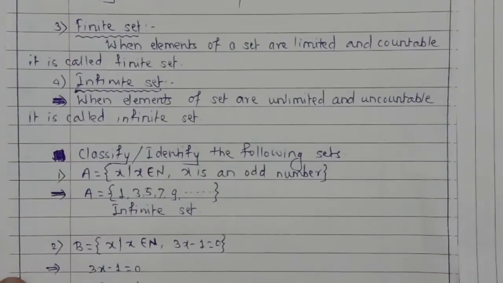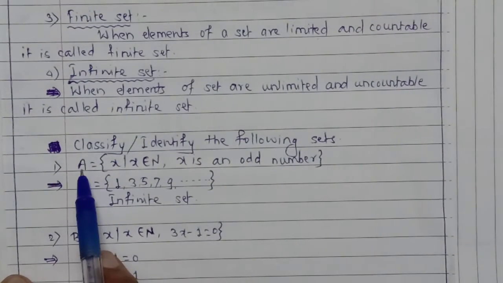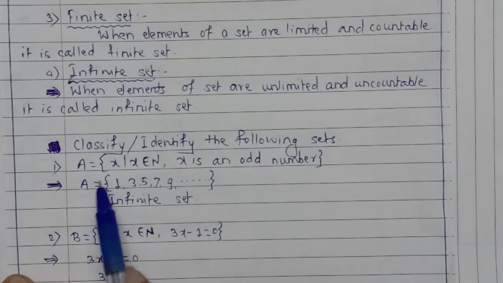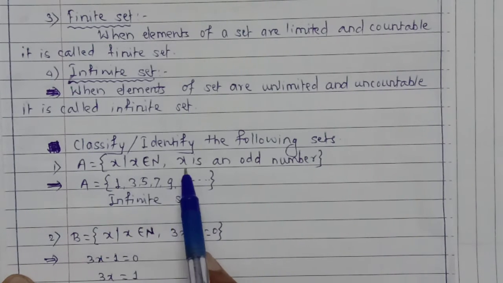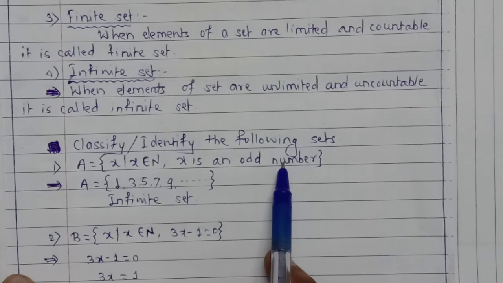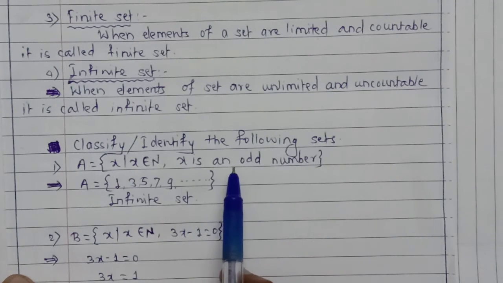Here is the question: classify or identify the following sets. So this is set A. It is written by the rule method. x is an element where x is a natural number and x is an odd number, meaning this is a set of odd natural numbers.